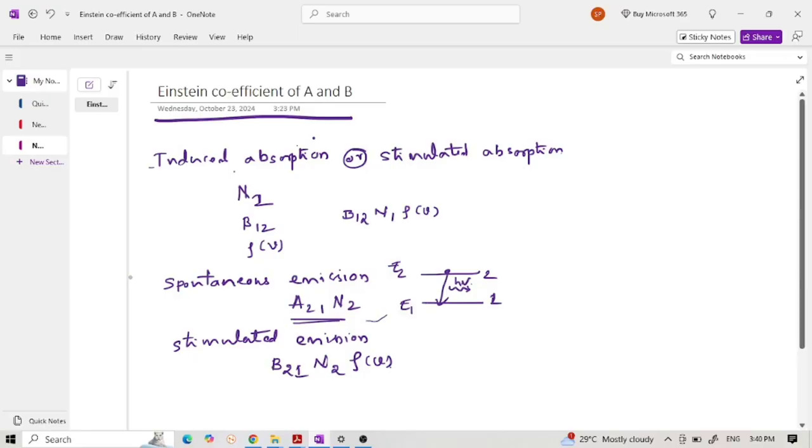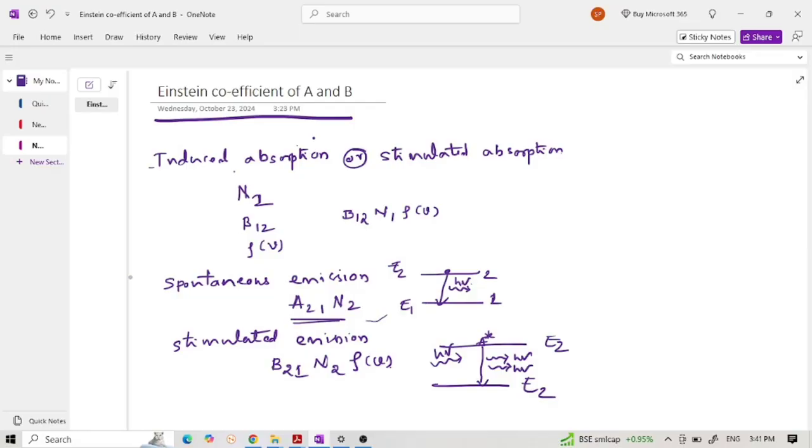In stimulated emission, the electron is already in the excited state and we supply energy to the excited state, which emits two photons. Therefore, the dependent factors are the amount of energy required, the number of electrons present in the excited state, and the electron transition from excited state to the ground state, that is B21.